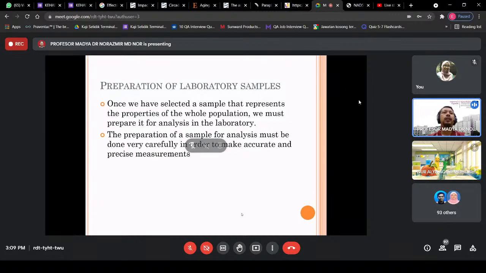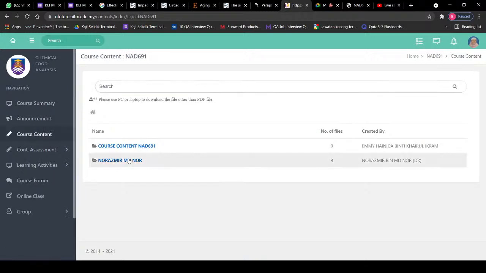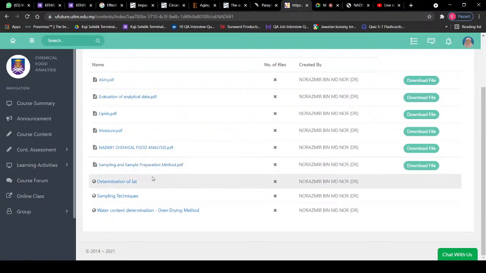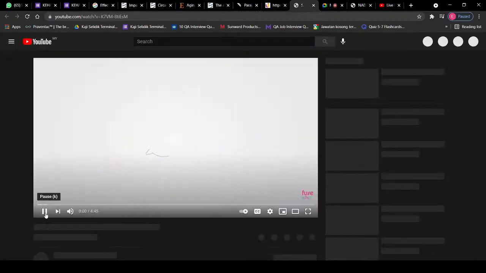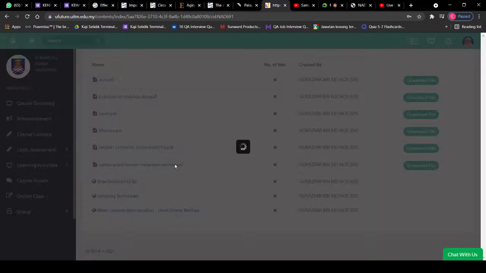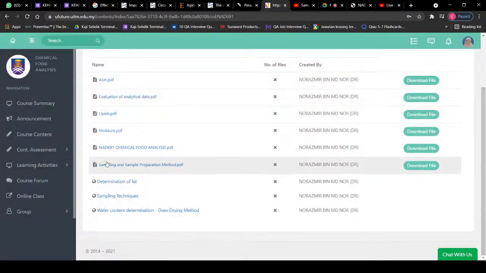It must be done very carefully in order to make accurate and precise measurement, to avoid mistakes, to avoid repetition of the analysis, and also wasting the chemical reagent. Okay, first, making the sample homogeneous. The sample must be homogenized.